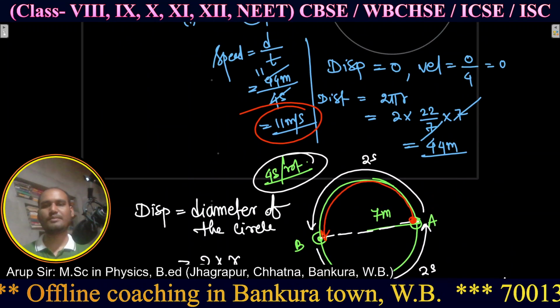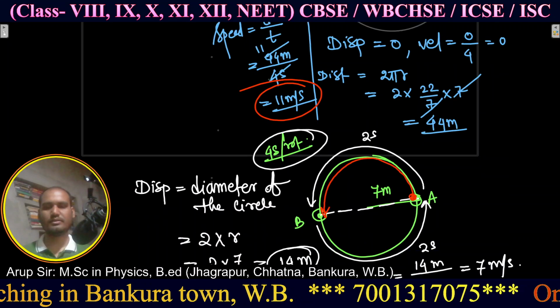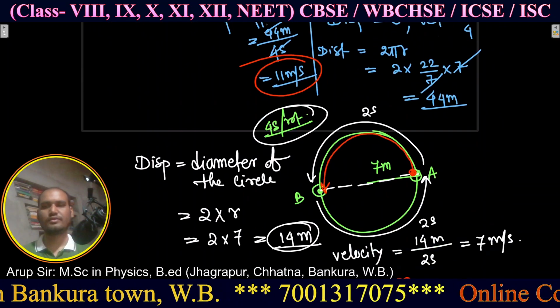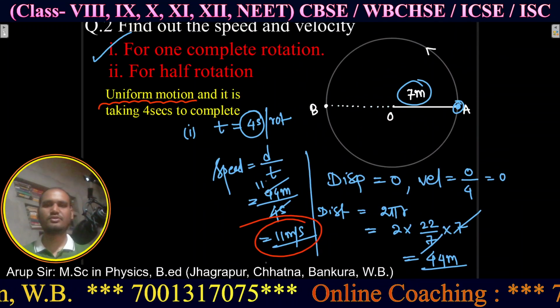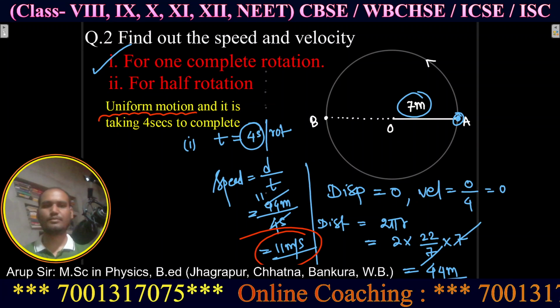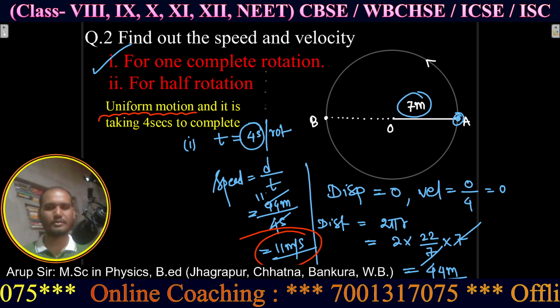This is why I am getting the same speed at each and every point on the circle. So this is the fact. You can note down all the solution, you can take the screenshot. If any problem arises later, then obviously comment to me in the comment section.